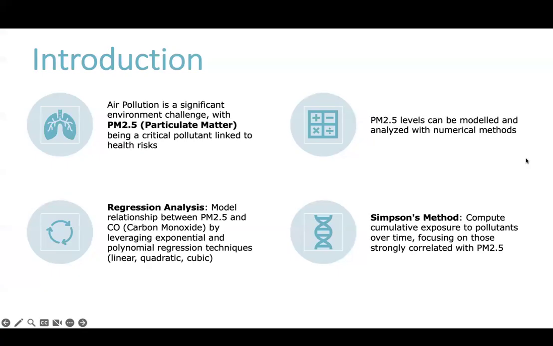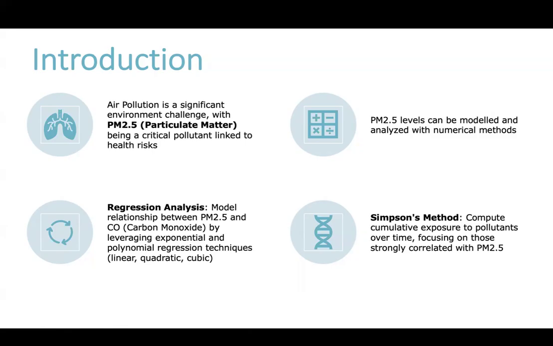So, introduction. Air pollution is a significant environmental challenge, especially PM 2.5, which are air particles smaller than 2.5 micrometers. They're a critical pollutant linked to health risks. We're using regression analysis to model the relationship between PM 2.5 and carbon monoxide levels.